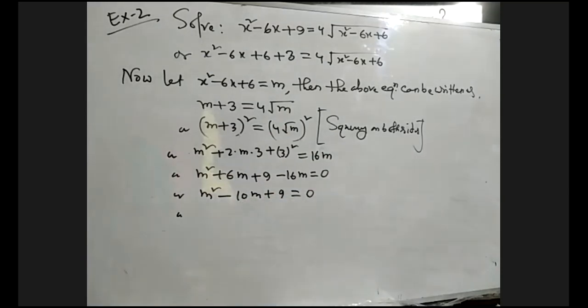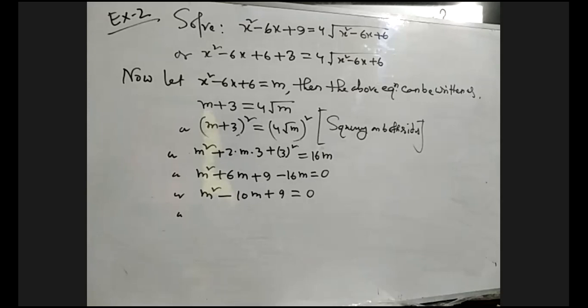So this equation can be easily solved. This is a quadratic equation, and by using the factorization method or the formula of the quadratic equation, we can solve it easily. From 9 we can write 9 ones are 9, and 9 and 1 make 10.